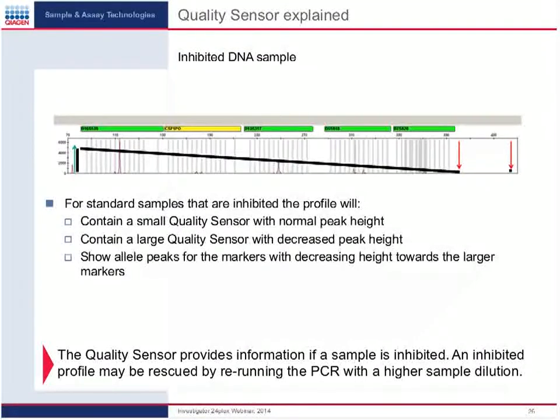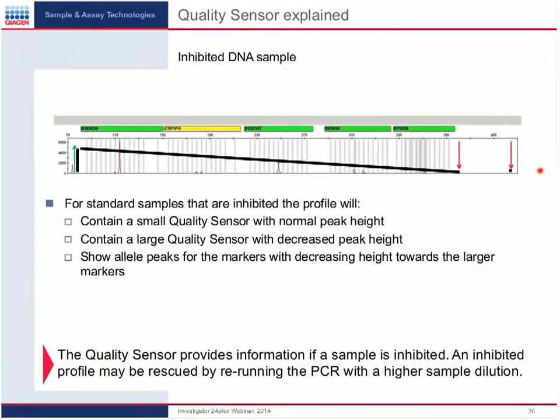Now it's getting more tricky. You have here one profile that shows the so-called ski slope effect, meaning you have high peaks at the front and very low peaks at the higher molecular range. If you have an inhibited sample, the difference is that you have a high quality sensor 1 in the mini STR region, and you have a drop out of quality sensor 2.